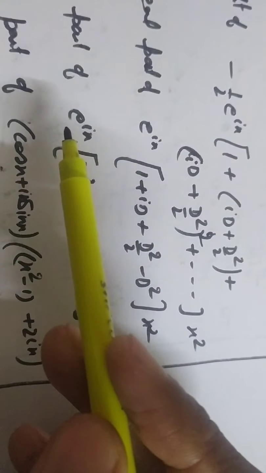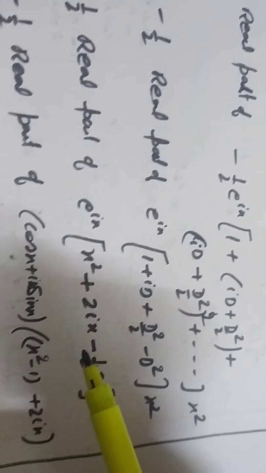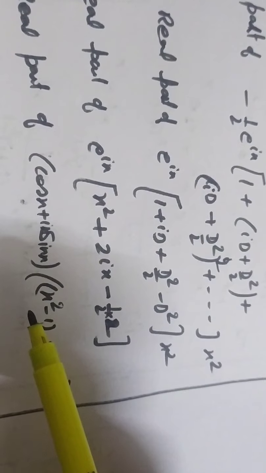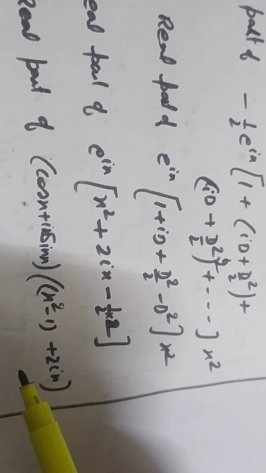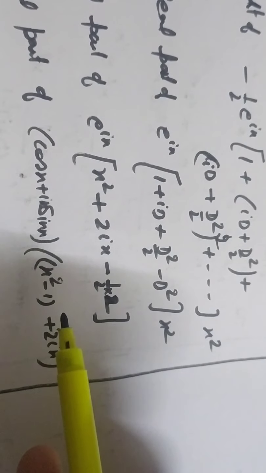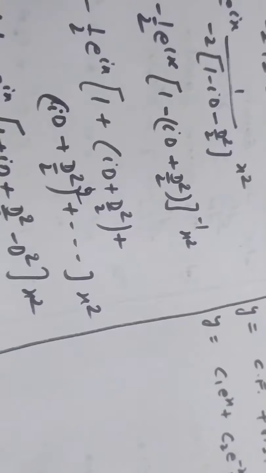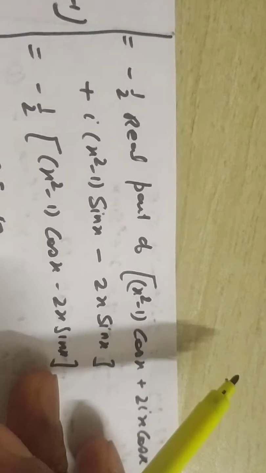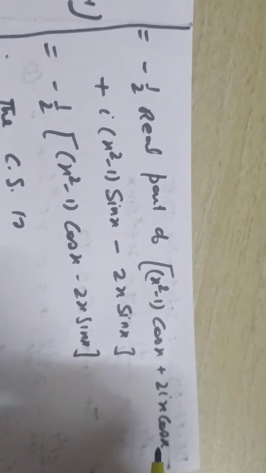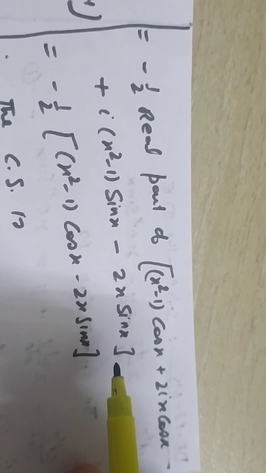Now you replace this e raised to iota x as cos x plus iota sin x, and in the bracket you are remained with only these two terms. And now you multiply each term in these brackets with cos x and sin x. And the final expression of this will be minus 1 by 2 real part of (x square minus 1) cos x plus 2 iota x cos x plus iota (x square minus 1) sin x minus 2x sin x.